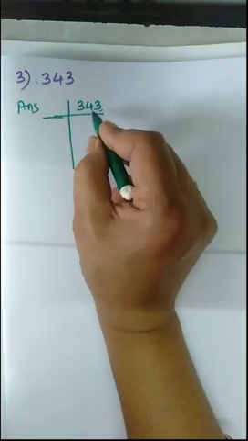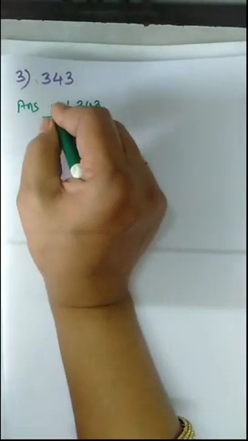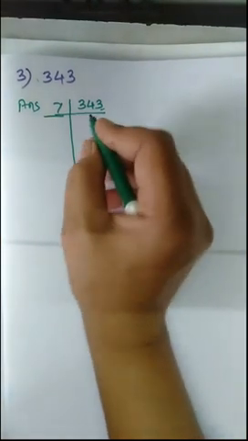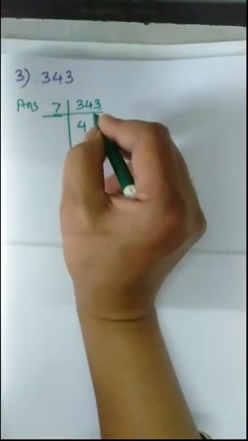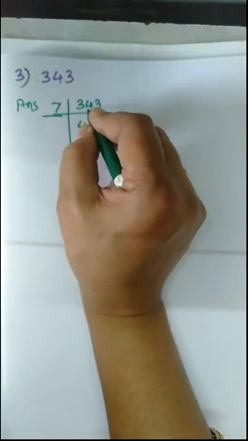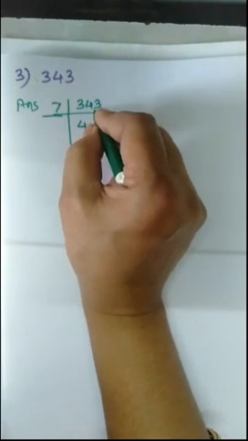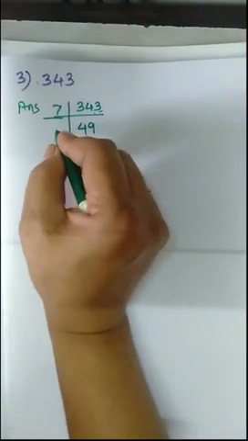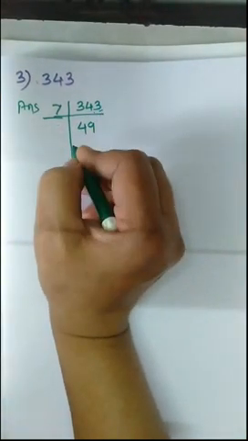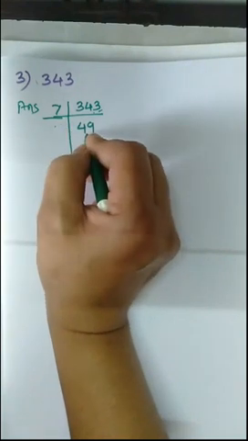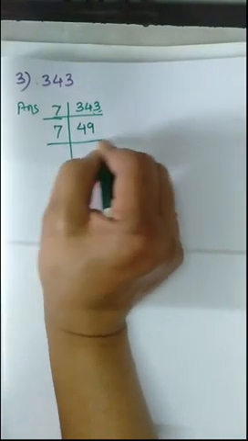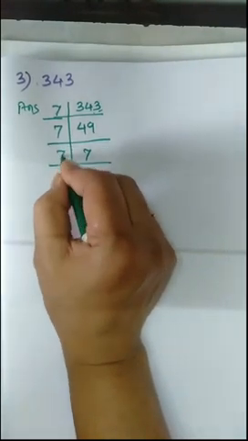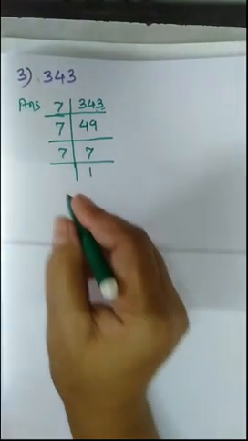So now check whether it is divisible by 7 or not. 7 4s are 28, and 34 minus 28 is 6, and 7 9s are 63. So it is divisible by 7. And 49 is again divisible by 7. Yes, 7 7s are 49, and 7 1s are 7.